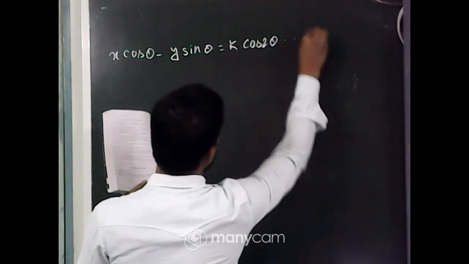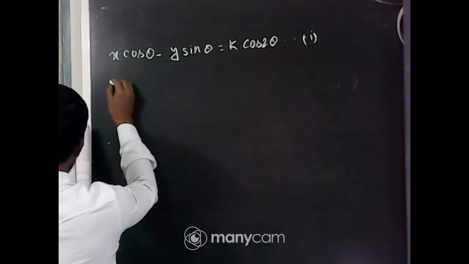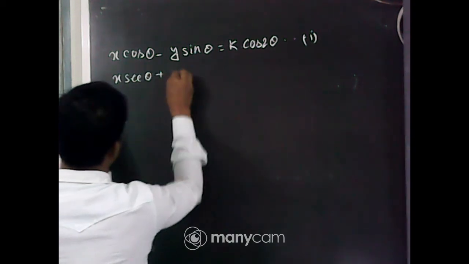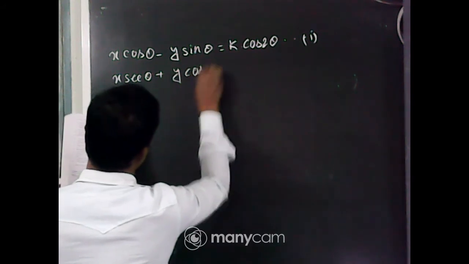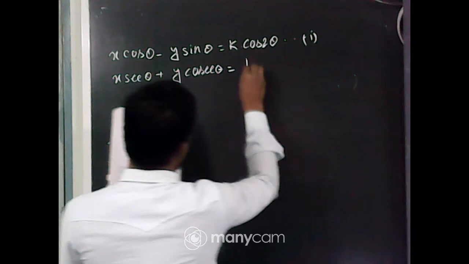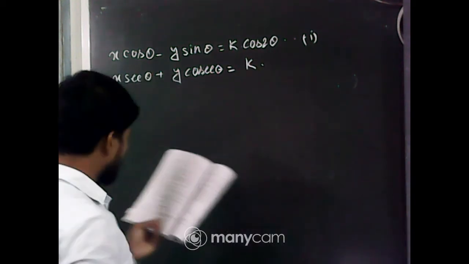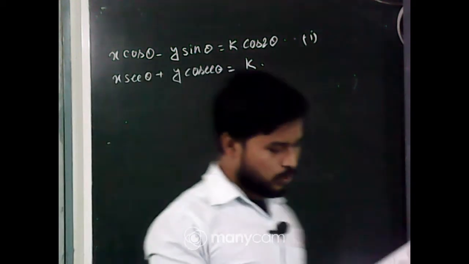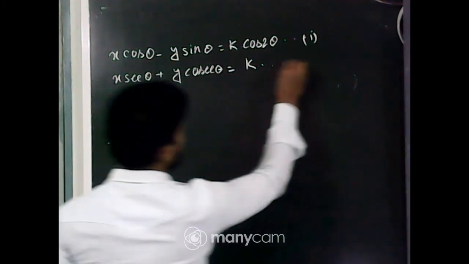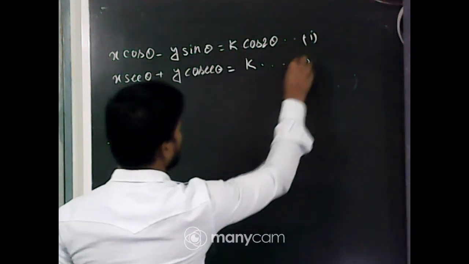This is our first equation, and the second equation is x sec theta plus y cosec theta is equal to k. P and Q are the lengths of the perpendicular from the origin. So this is our equation number 2.